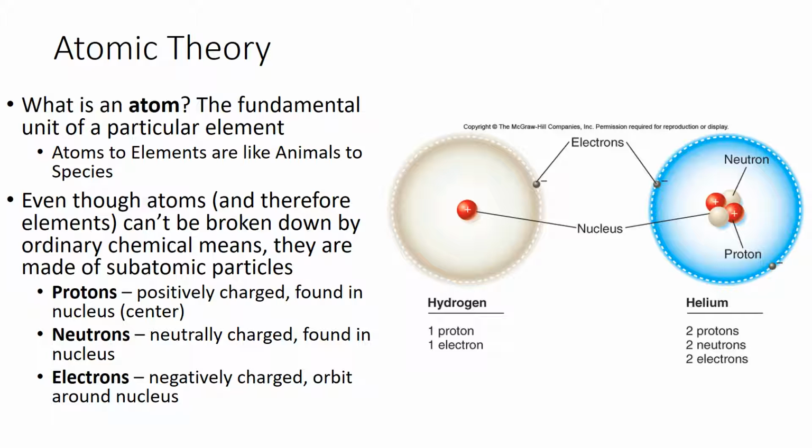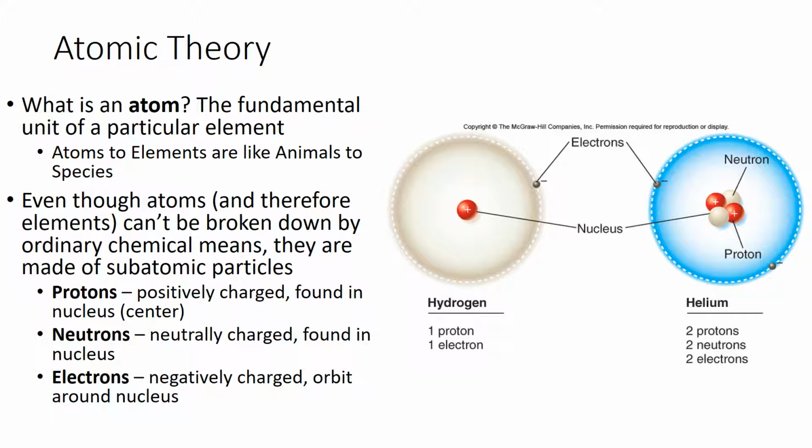So within an atom, even though we said those are the smallest building block, there are parts that we need to know about that are going to tell us how that atom is going to behave. We have 3 parts that we're really going to be talking about: protons, neutrons, and electrons. These are all different in the charge that they have and where we usually find them on the atom.